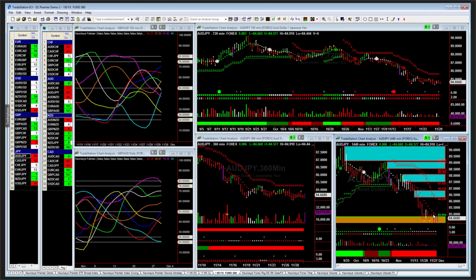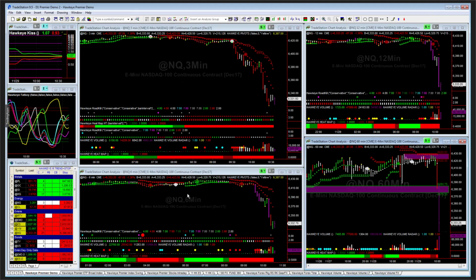So if this does come up and challenge this, then the first one that it hits, chances are really good that it's going to reverse back down before it breaks it and continues back up again. So the power of the zones is phenomenal. Looking longer term or shorter term, they're incredibly accurate on any of the time frames that you're looking at trading.